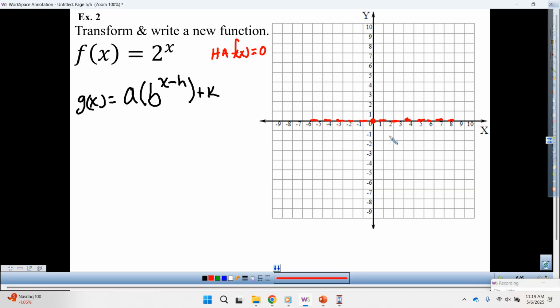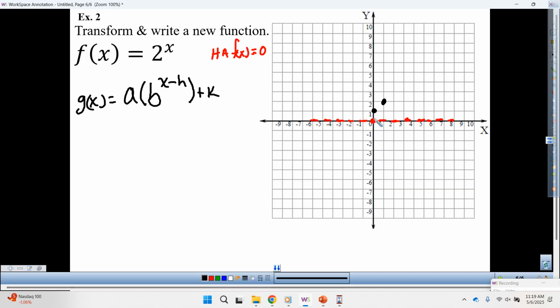Okay, next, we're going to graph this parent function without a table. So from now on, I'm only going to use 2 points. 0, 1, plotted right there, and 1, 2. Once again, from now on, 0, 1, and 1, 2.